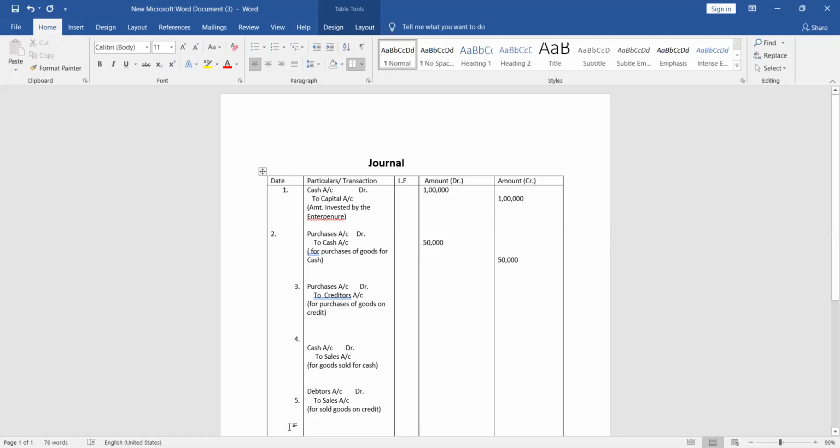Next, the next entry can be amount withdrew for personal use. Suppose I'm just going to rub it because sheet space is less.